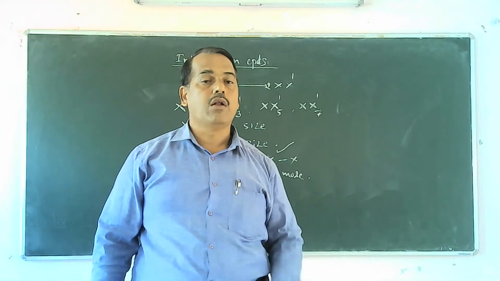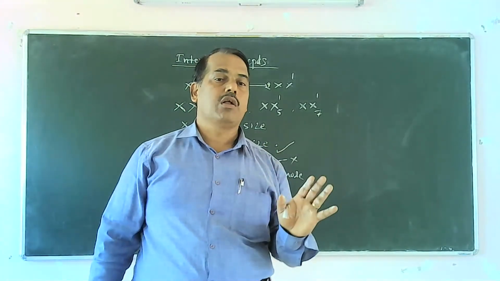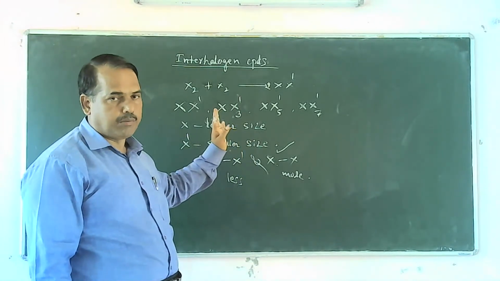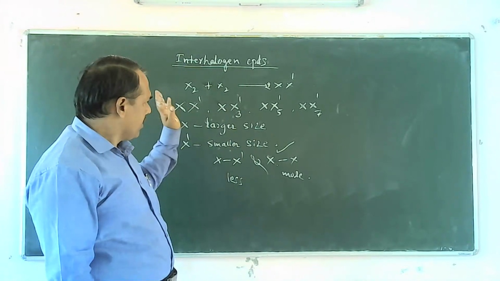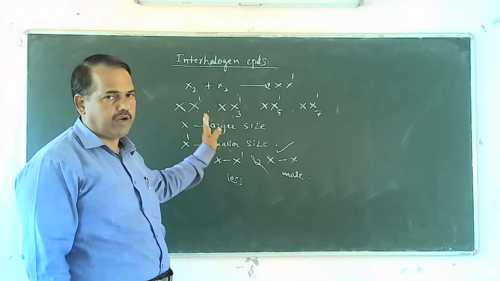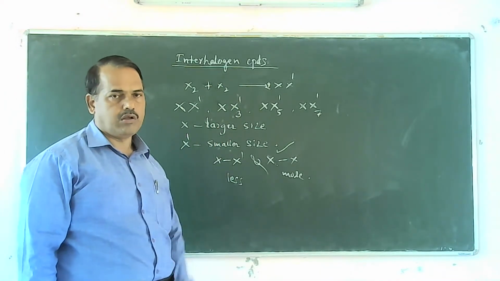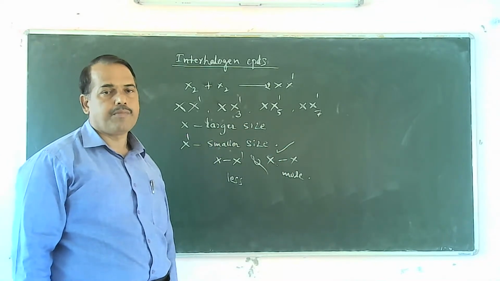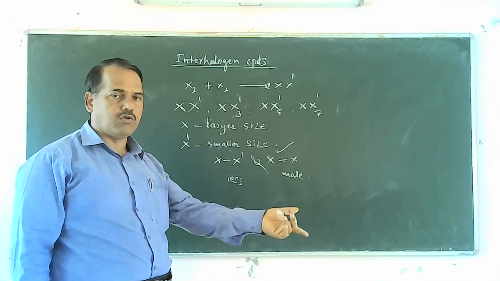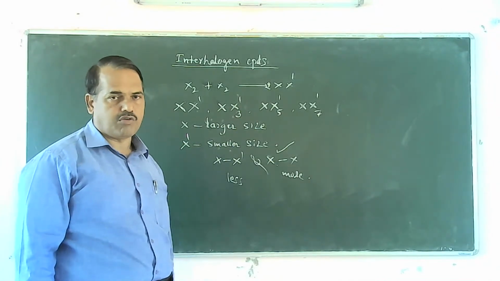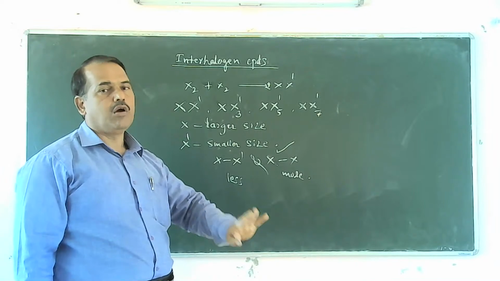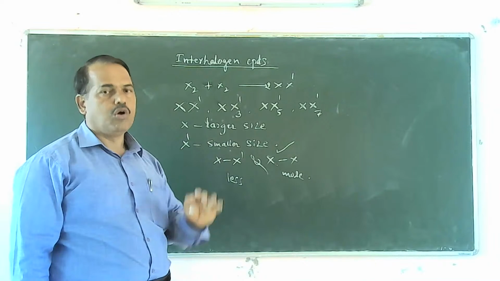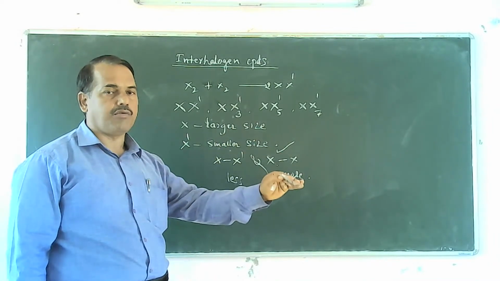So these are called interhalogen compounds. What are the types of interhalogen compounds? How are they prepared? What are the reaction conditions? I am going to write some reactions. What is the basic concept? Halogen reacts with halogen to form interhalogen compounds. They are more reactive than the respective halogens due to their low bond dissociation enthalpy.